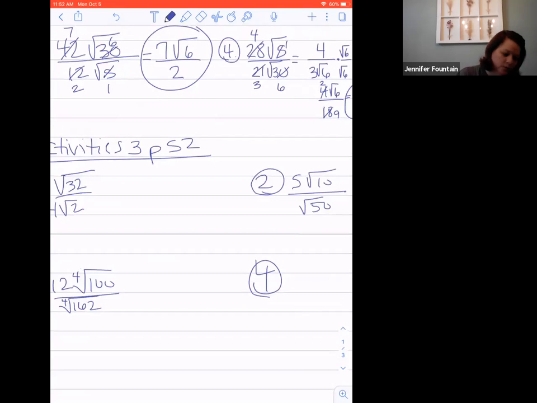And then 4 will be 5 times the cubed root of 30 over the cubed root of 45.